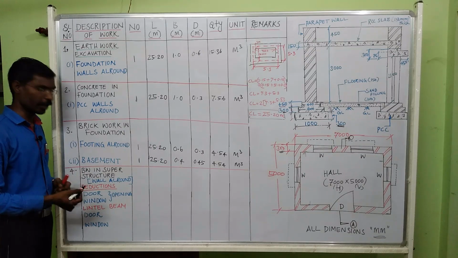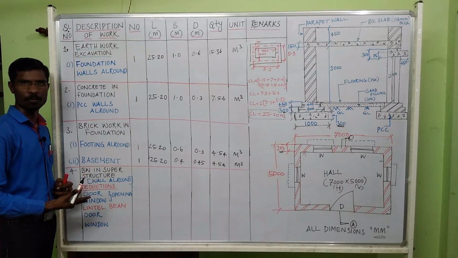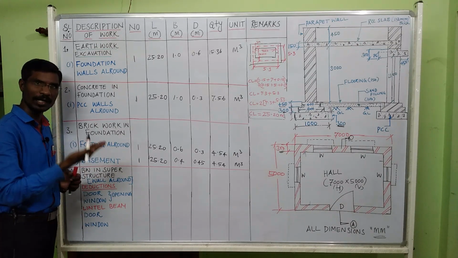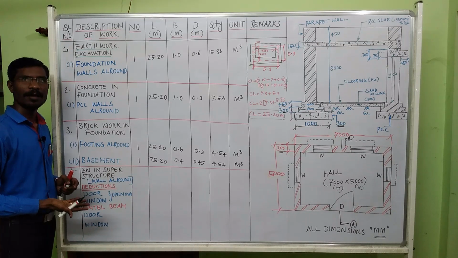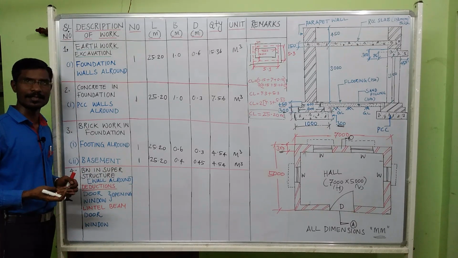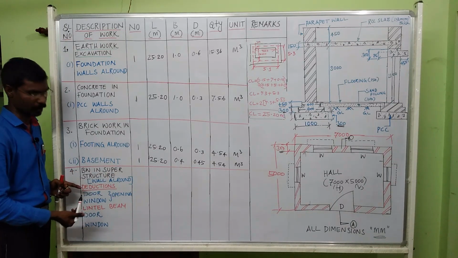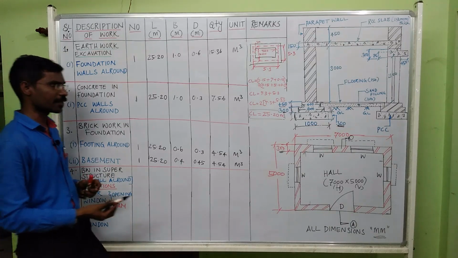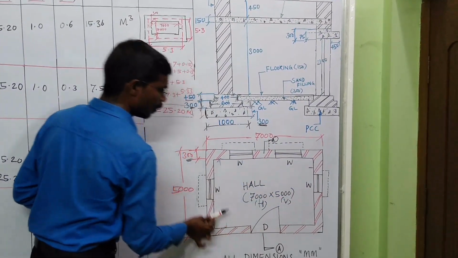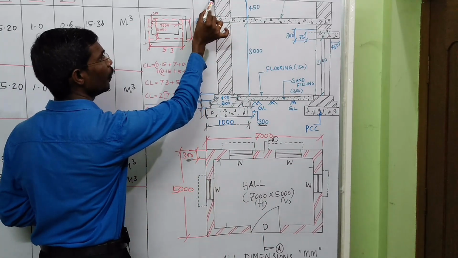Next we will go for the brickwork in superstructure. What is the foundation? What is the superstructure? Below the ground level or below the flooring level, it is called a foundation. Above the floor level structure, it is called a superstructure. So we are going to calculate the brickwork for the superstructure, all around the building, from here up to the parapet level.